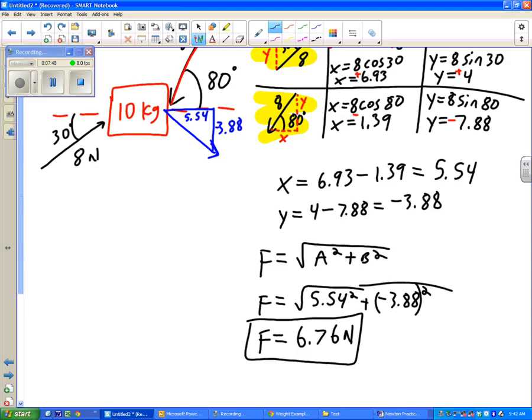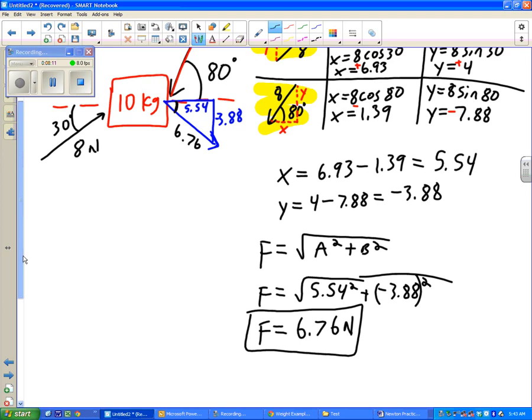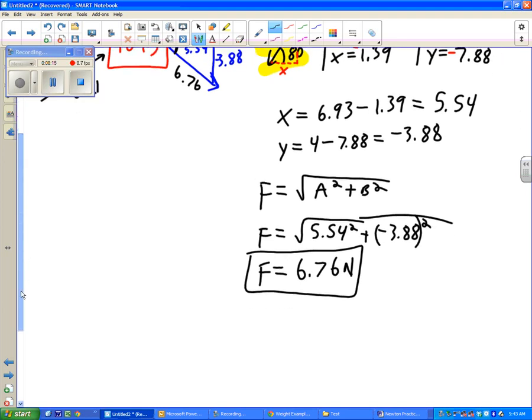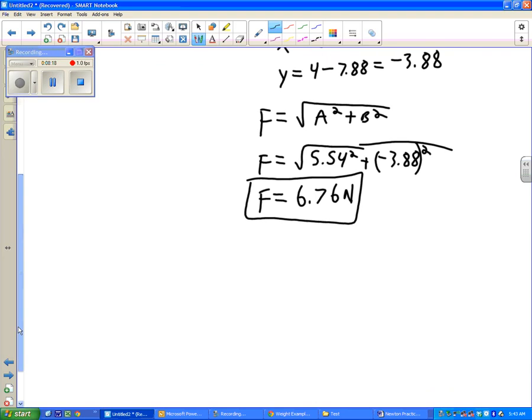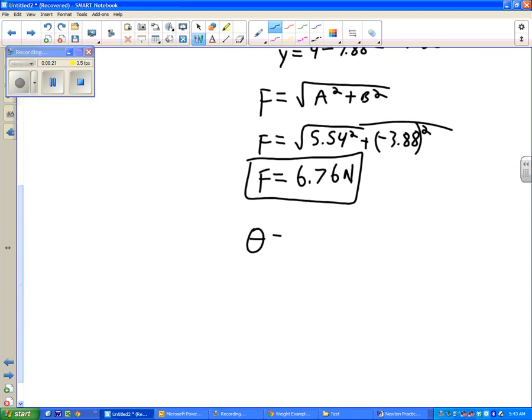I may also want to find the angle. So to find the angle that this is happening, my angle right here, and I did just find that this side was 6.76. But I want to find this angle. So to find this angle, I'm going to use a trig function. Again, I'm going to use tangent. And I'm going to say that my angle is equal to inverse tangent of opposite over adjacent.